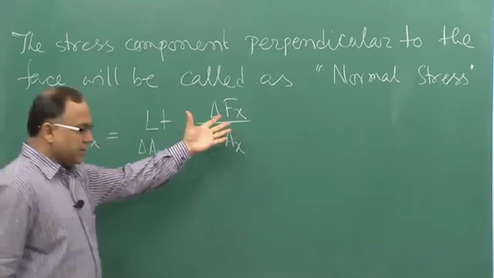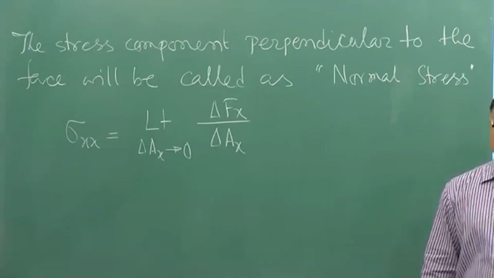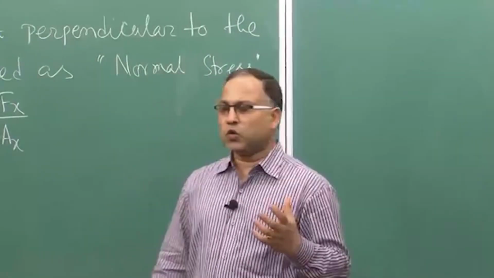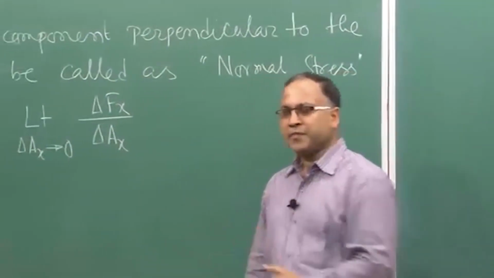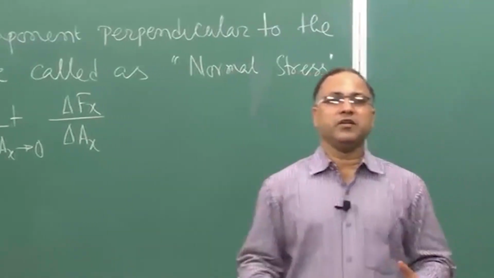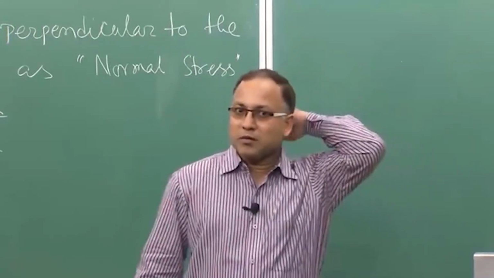This delta Fx is the normal force acting on that particular plane, and delta Ax is the area on which this force is acting. When delta Ax tends to 0, that defines the stress, and it is called normal stress, because it is acting normal to the plane.